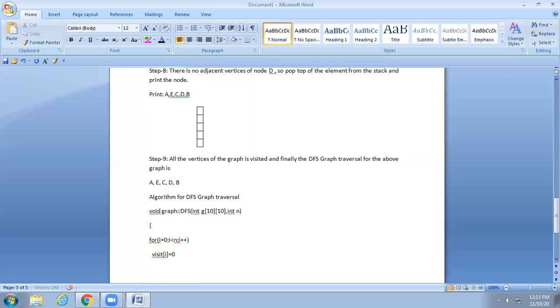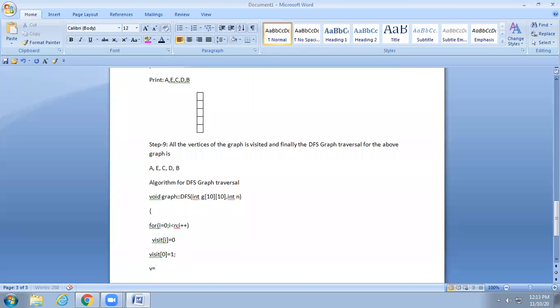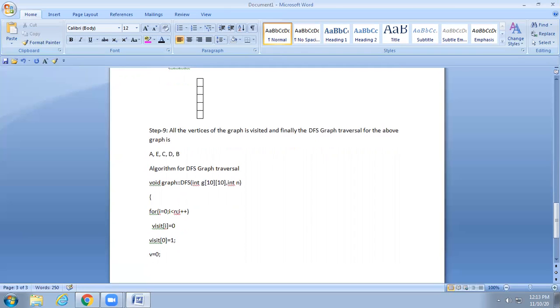First I will visit 0, visit of 0 equal to 1, v equal to 0. So first I visited the graph 0, v equal to 0. While I less than n, so let us assume that there are n vertices.